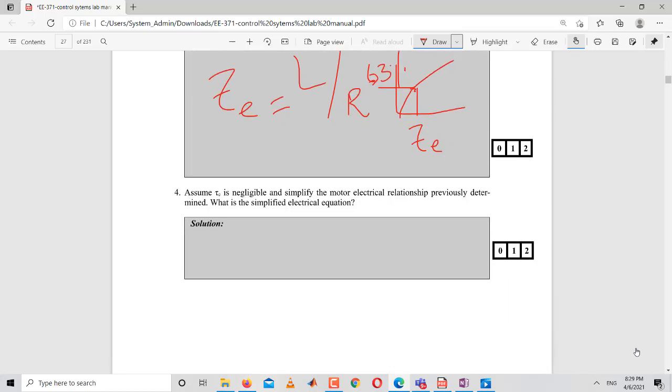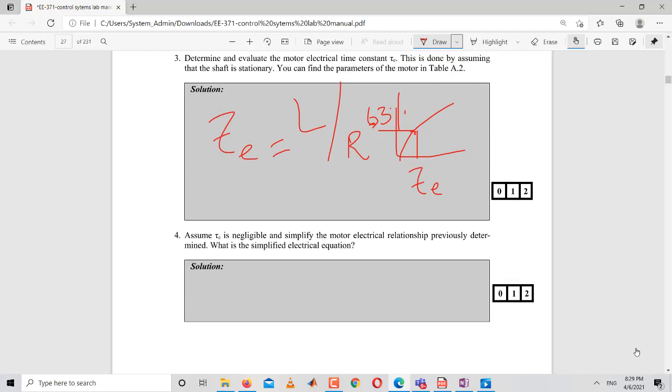Okay. In the next question, they say that if we assume tau e to be negligible, then we have to simplify the motor electrical relationship previously determined. If tau is a very small value, it means that our inductance is very low.